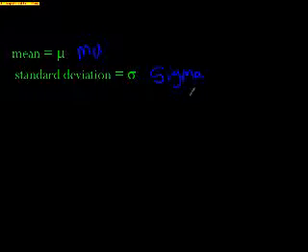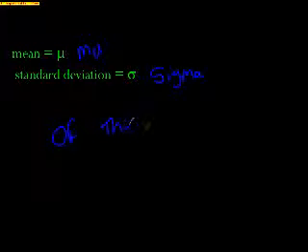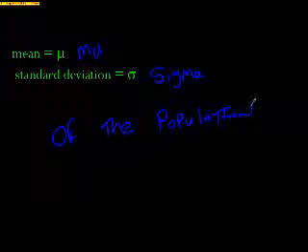And just so you know, this is the mean and standard deviation of the population. We'll discuss more later on in this course about how to know, by looking at the symbols and the abbreviations, if our data is referring to a population or a sample.